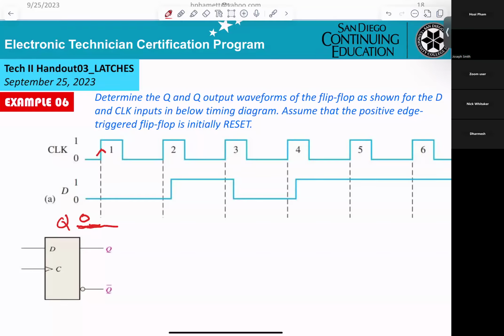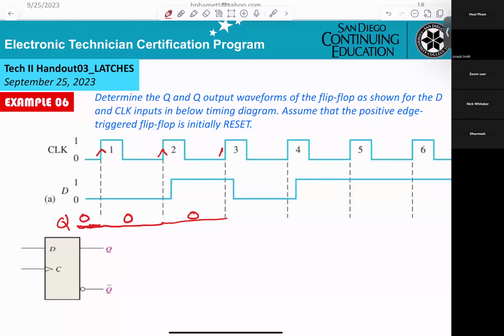So they will be 0 up to here. And the next transition, Q equals D, and D is still equal to 0, so they will be 0.